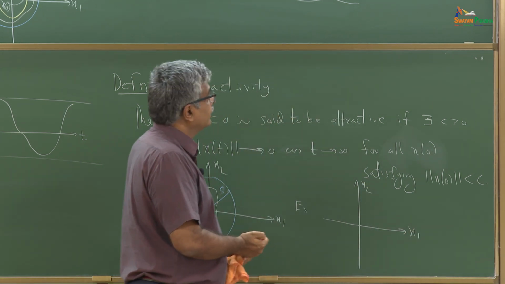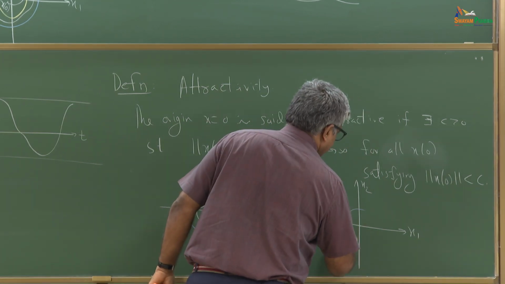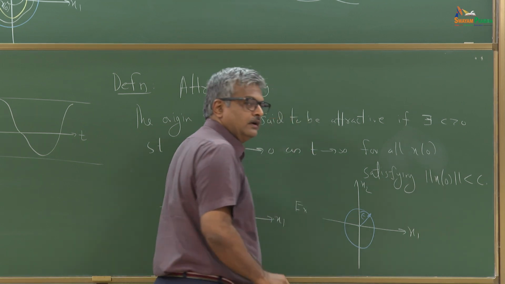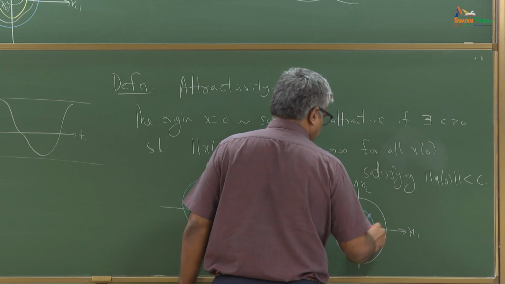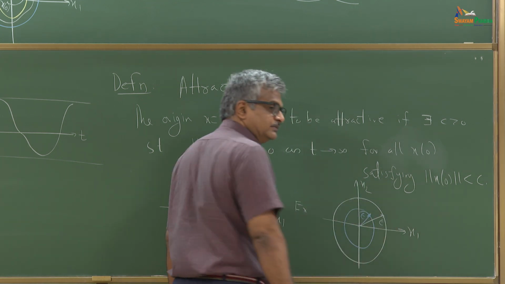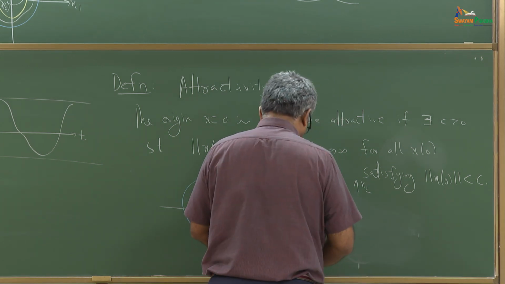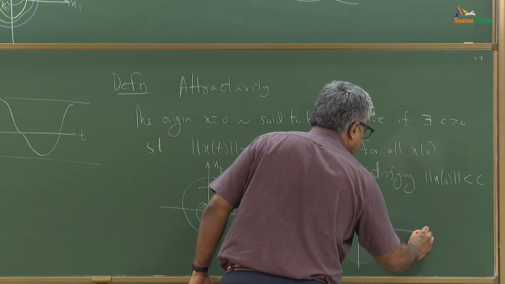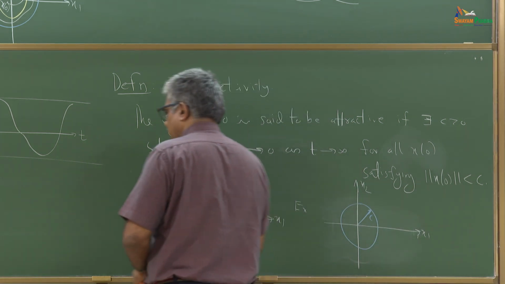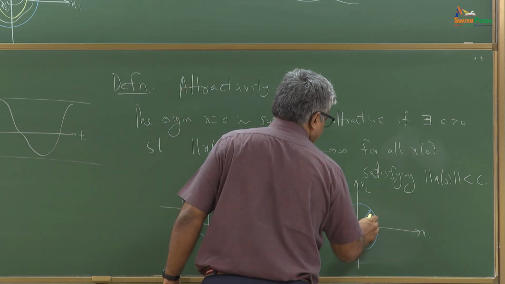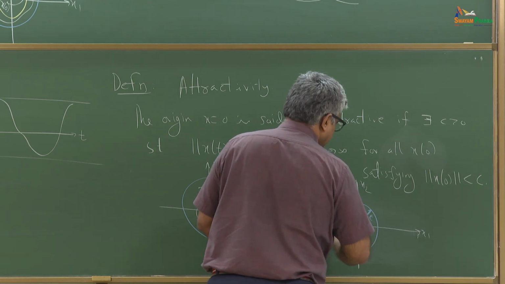Why? Let us again use the definition. So you give me an epsilon ball, and I will find some C ball, or I could even take it inside also. So this is epsilon and this is c.